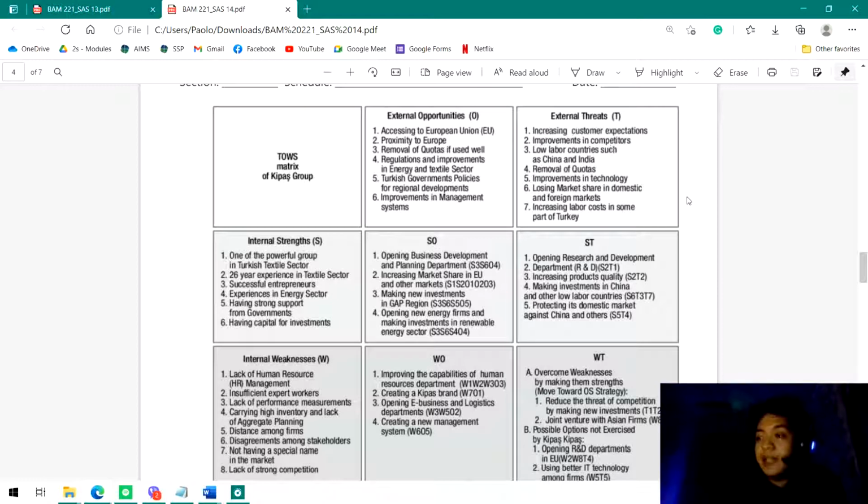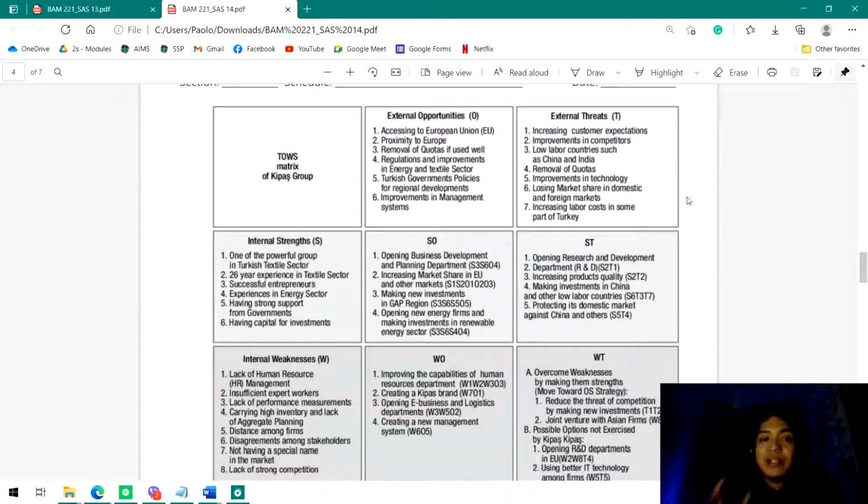Increasing customer expectation meaning nag-expect sila ng mas magandang produkto galing sa atin. Pero since tayo ay sobrang bihasa na or professional na doon sa industriya ng textile sectors, tayo ngayon gumawa ng isang R&D department para ma-develop natin ang ating products, para ma-take advantage natin or para makalaban natin yung threat na increasing customer expectation.